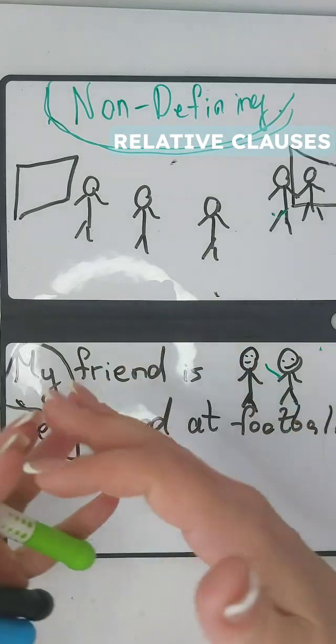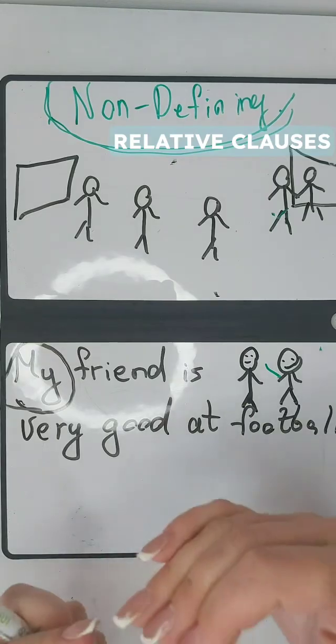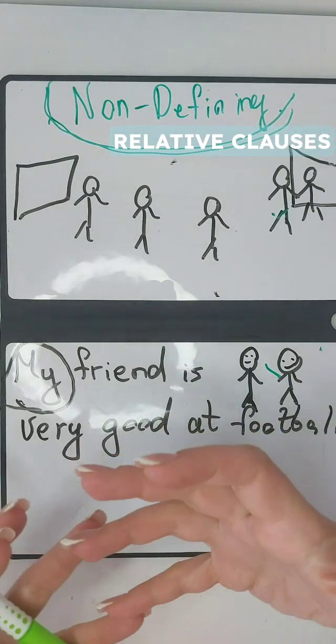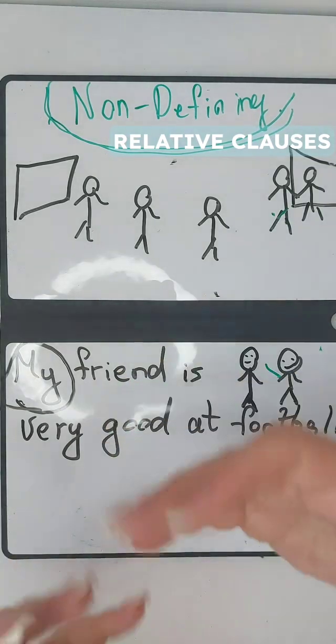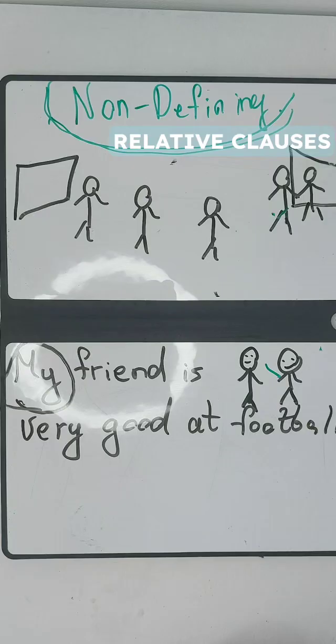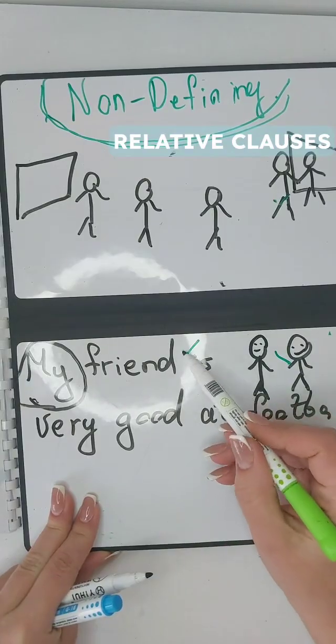Now, what is a non-defining relative clause? As I've mentioned before, it provides extra information. Okay? It's optional. It's up to you. Okay? And of course, it goes between commas.